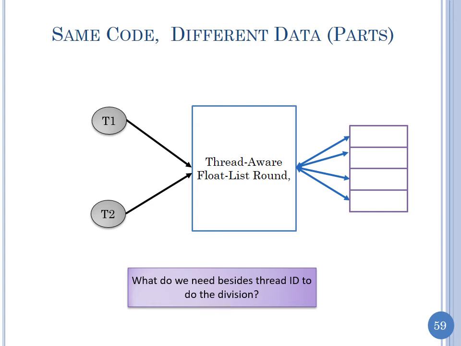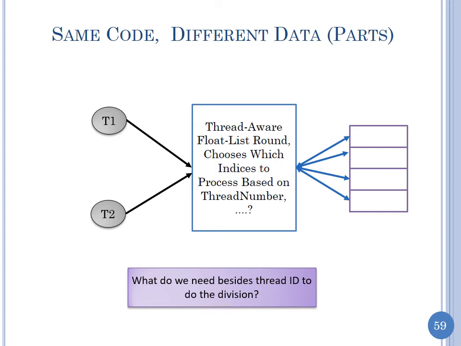So what do we need? This particular round is going to be looking at the thread ID, because the threads are going to access different pieces of the data. So each thread, we're going to use thread ID to determine which piece of data to access. But what else do we need besides thread ID in this particular task? I've got a list. That list has to be rounded. We're going to round it in some kind of loop using some index.